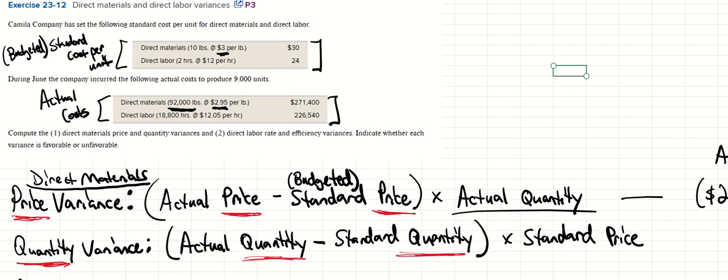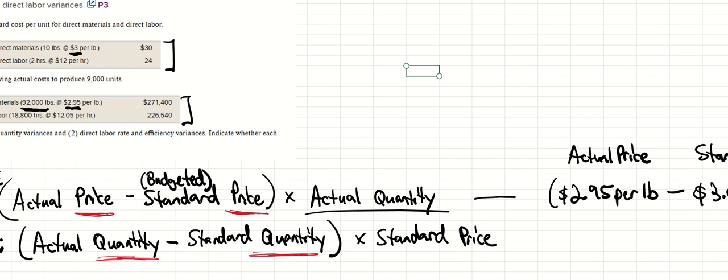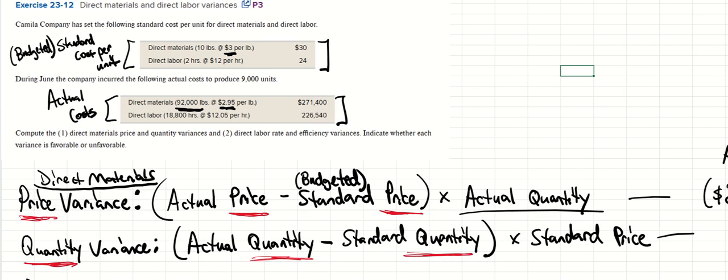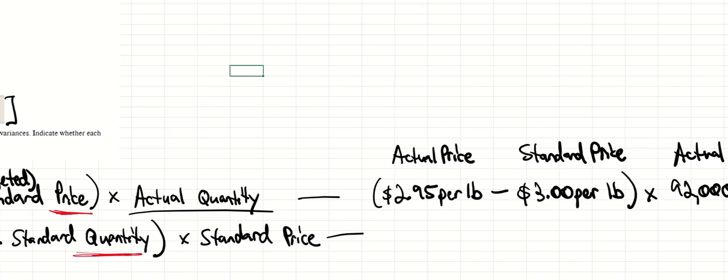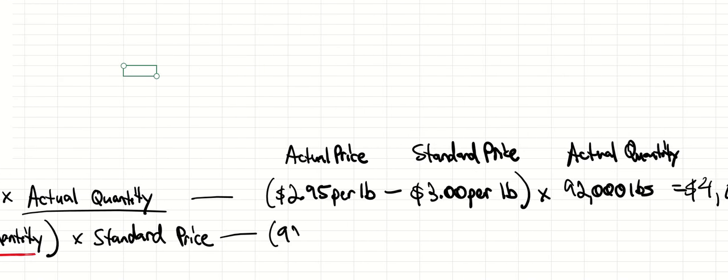Next, we have the quantity variance. This one just focuses on quantity, which is why I have the word quantity underlined. And I'm just going to do a plug-in, just like we did for the price variance. So actual quantity is going to come out to be 92,000 pounds. That's total pounds, so actual quantity.